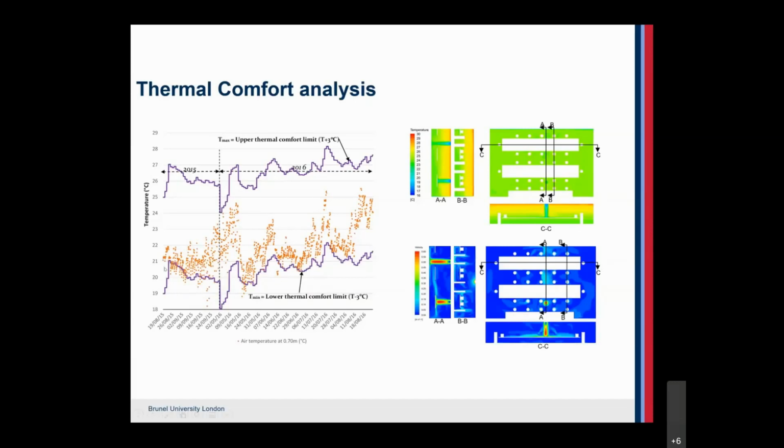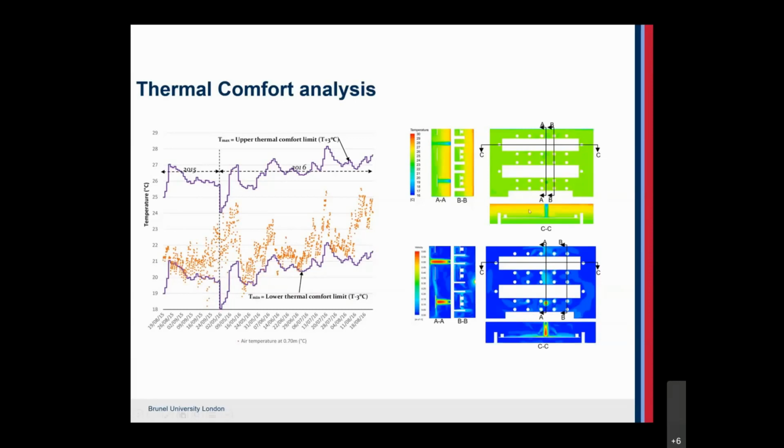However, we can see here that some overcooling occurs for some hours, indicating that night purging might need more detailed control rather than relying on a timer. The CFD plots on the right side of the screen show that at 0.7 meters, thermal discomfort is expected based on the adaptive thermal comfort limits.